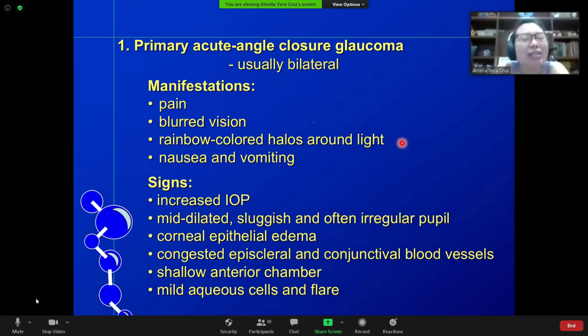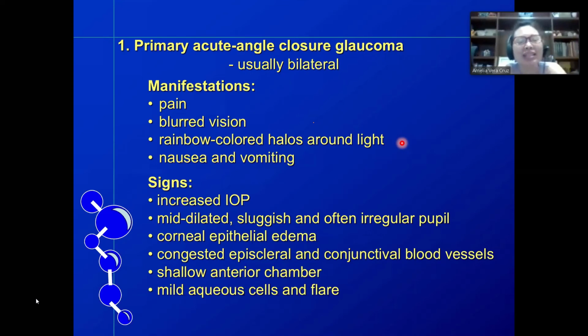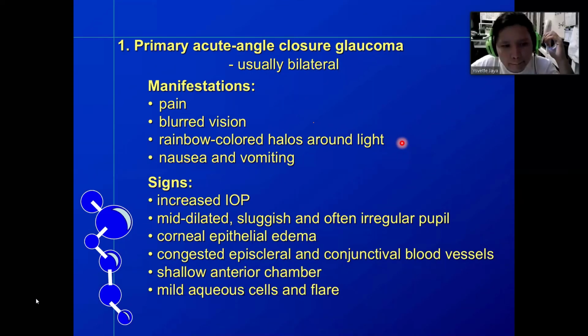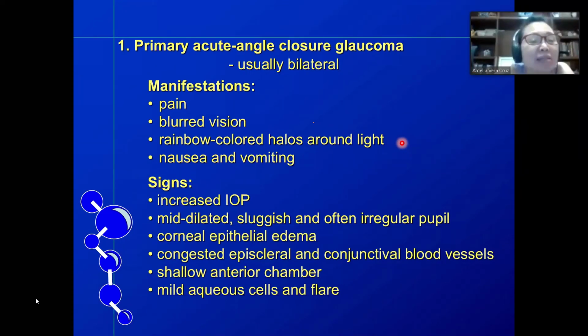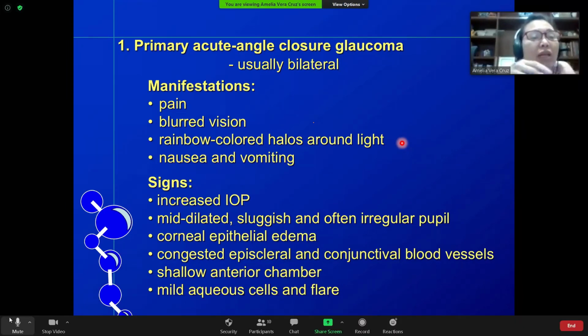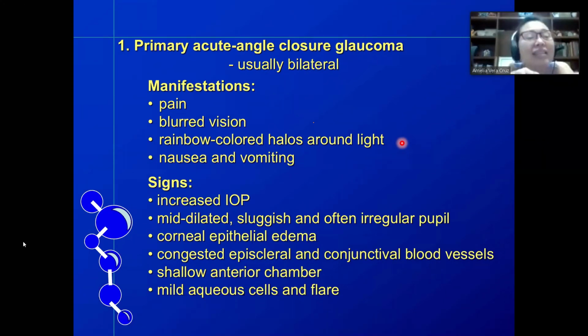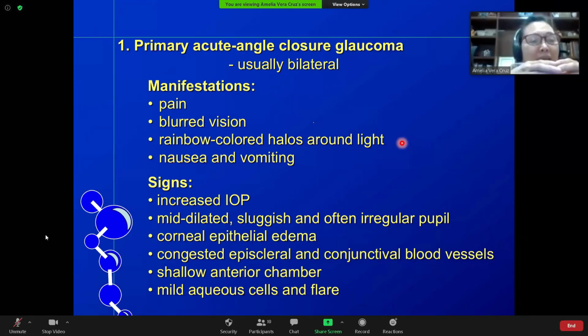Now, imagine your cornea as your windshield. When you have an increased IOP, your cornea is edematous. Normally, your cornea is dehydrated because of your endothelium. Now, because of the increased IOP, mamamaga, may tubig.